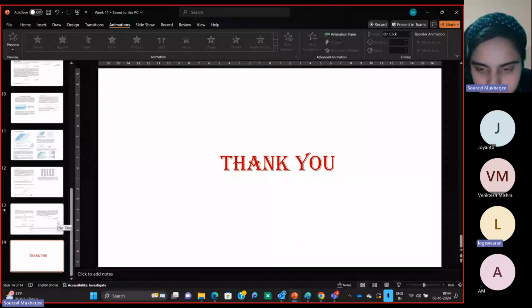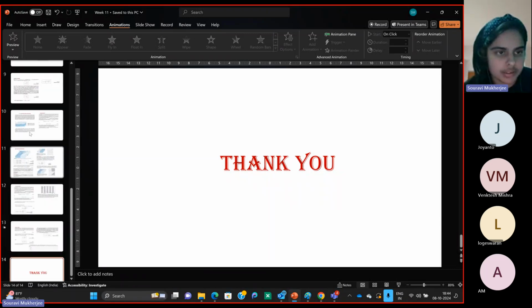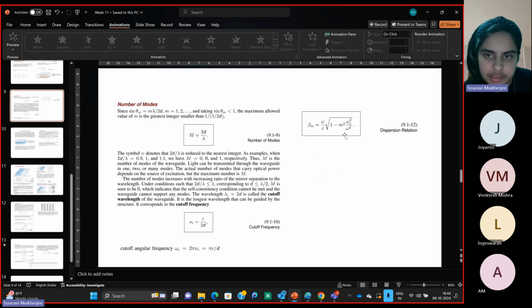Please repeat. The propagation constant of the given dielectric slab. Okay. So the propagation constant is this, right? Propagation constant is this for any particular question. If you can find the cutoff frequency, then you can use this relation to find the propagation constant, right?